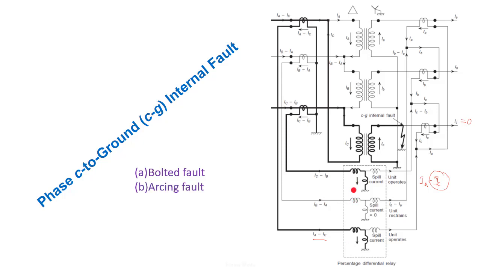Next we will see the arcing fault. In an arcing fault, some amount of current will flow here, so the current will be capital IC minus small ic, where capital IC is not equal to small ic; in fact, capital IC is greater than small ic. So in the spill path, in this phase it will be minus capital IC minus small ic. Okay.